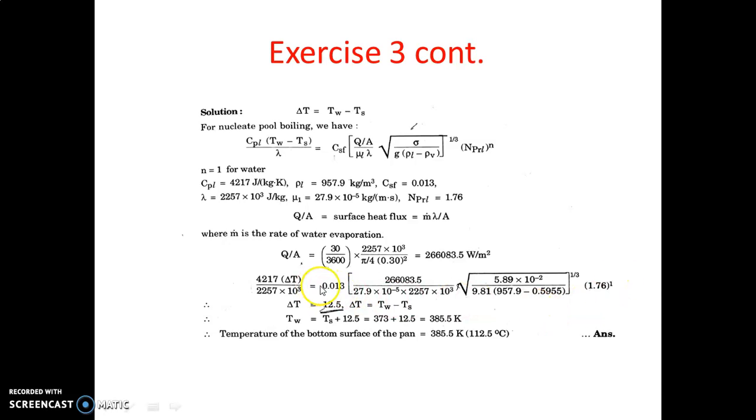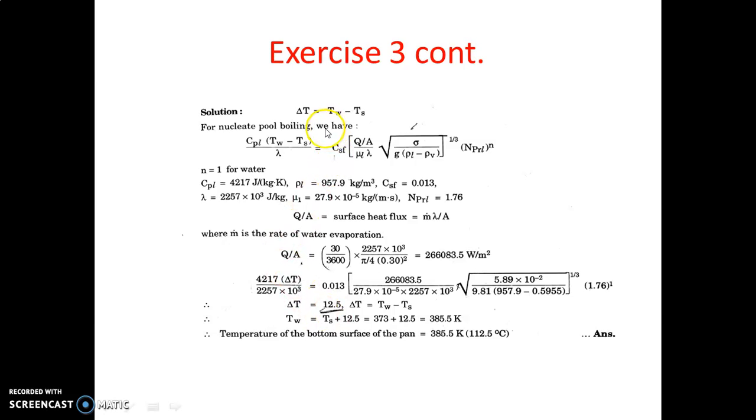Then calculate the left hand side and the right hand side and solve this equation for delta T. After calculation of all these things, we get delta T equal to 12.5.